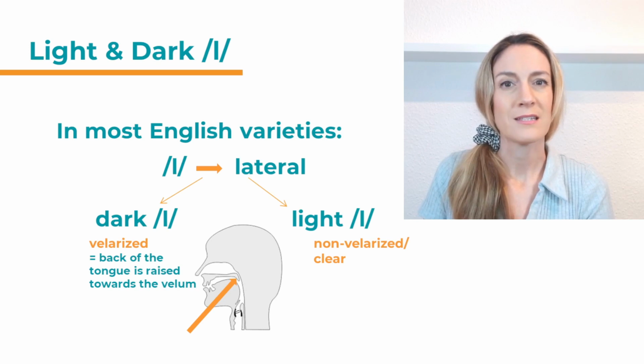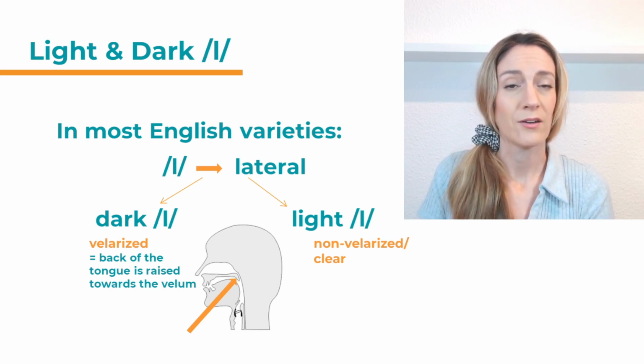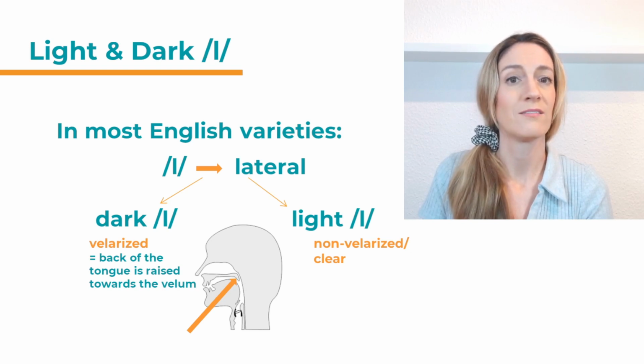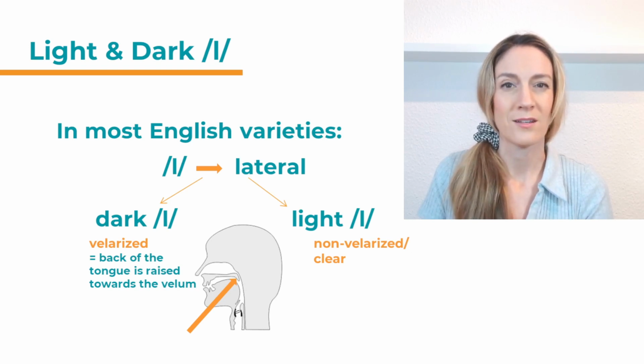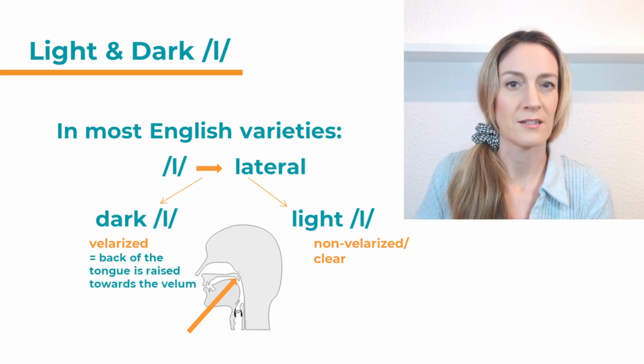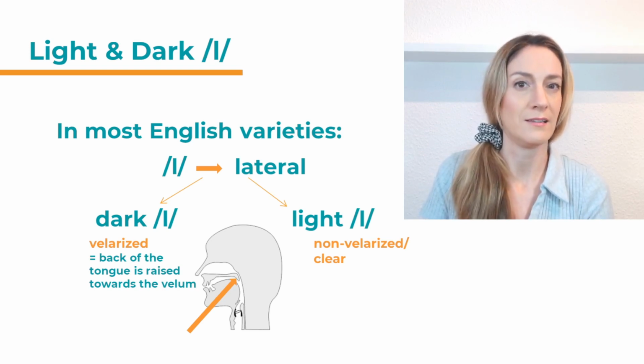And velarized means that the back of our tongue rises towards the velum. So this also happens in a couple of other sounds, but the dark L really means it's velarized and that the position of our tongue is different compared to the light L.